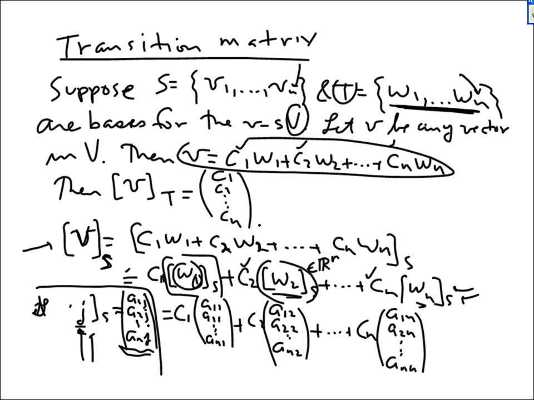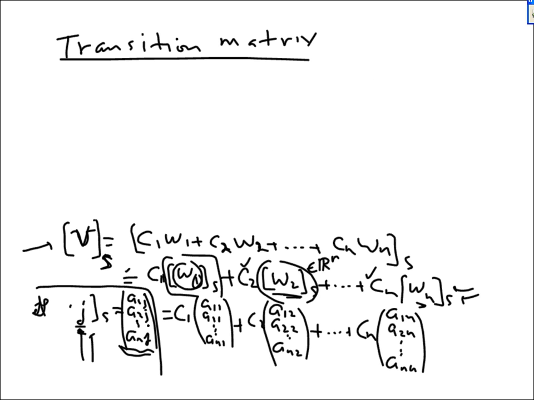But now, I want to see where I'm going to write this. That last line, I can write it in a different form. I can write it down as a product of two matrices.